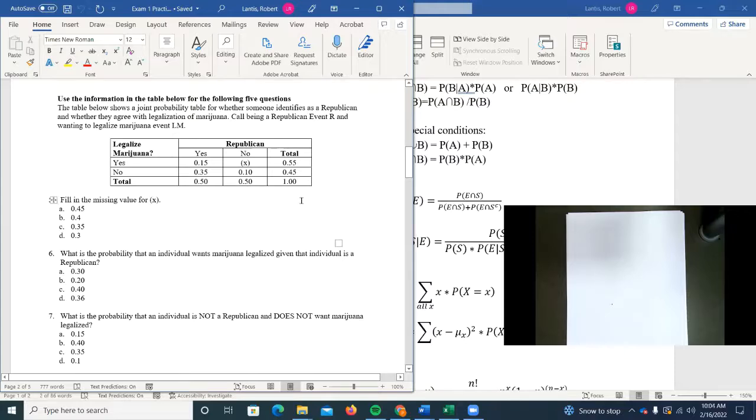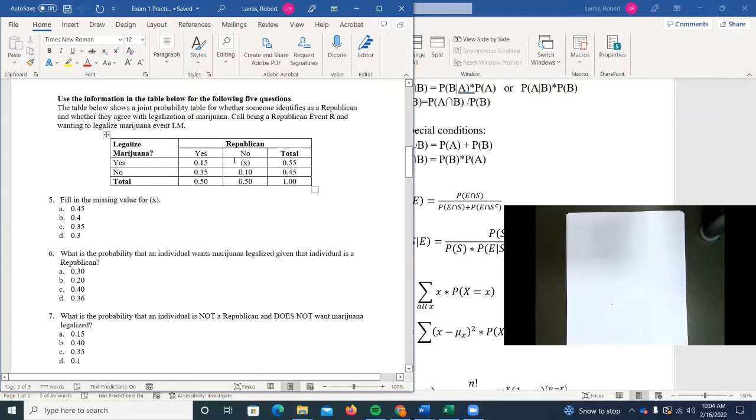Yeah, just adding across the rows or down the columns should reproduce these totals. The probability that somebody wants marijuana legalized and is Republican, plus the probability that someone wants it legalized and is not Republican, is every single person who wants it legalized. So when I add those up, that should give me that total.